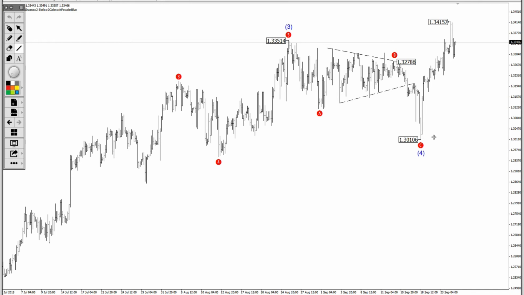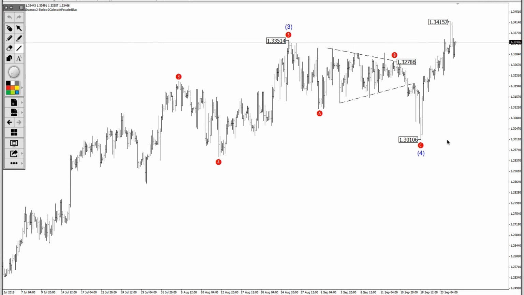This is quite a strong push higher, 1.301 level was the minute wave 4 low, and now 134.15 is the new long-term high. More new highs are expected here once this 5th wave forms.